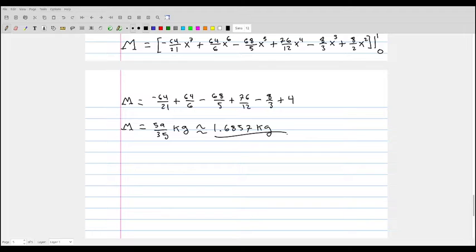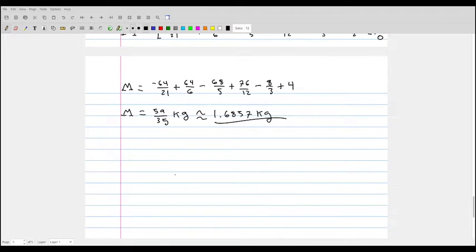So this is a very nice procedure that we have, and it's directly applicable to the concept of charge density as well. If instead you have a charge distribution, or a distributed charge density function, the double integral of that charge density function will give you the total amount of charge contained in the region.